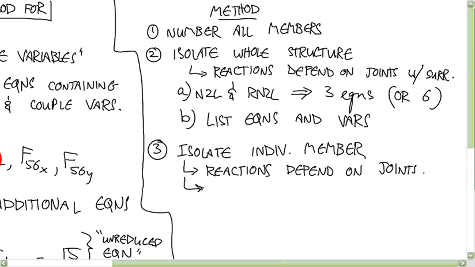Also, whether you use that FAB notation and MAB notation when you isolate the whole thing isn't really crucial, because we're never going to isolate the ground, so we're never going to have to reduce equations. But once you start isolating the individual members, it's really crucial that you use that FAB notation. So use FAB and MAB notation.